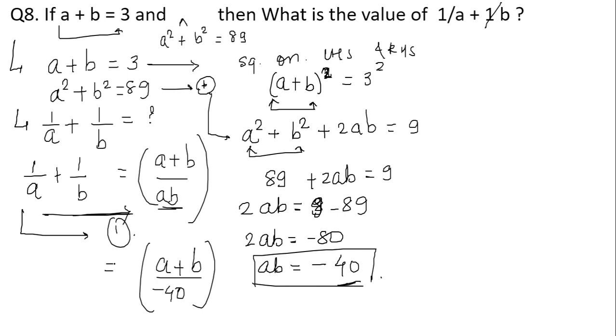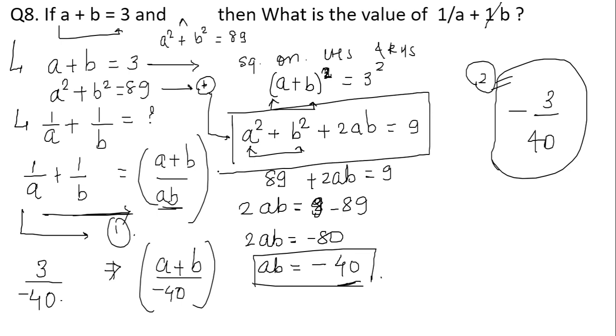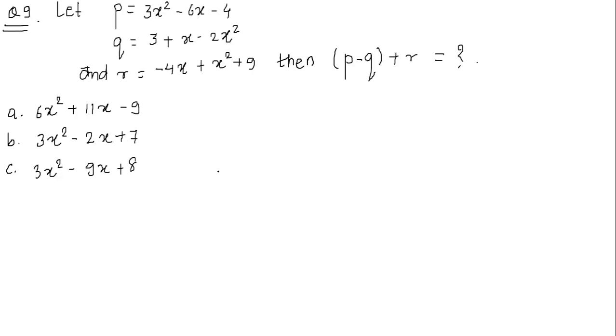So a plus b upon ab can be written as 3 upon minus 40. Okay, so the value is going to be minus 3 by 40. This was option number 2 that has not been mentioned over here. The correct answer is minus 3 upon 40. You just have to understand the simplified version of a plus b the whole square. So a plus b the whole square can be written as a square plus b square plus 2ab. Okay, moving on to the next question now.